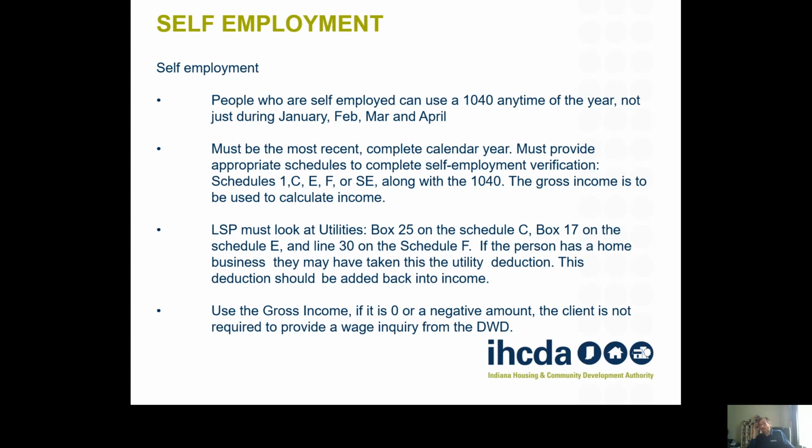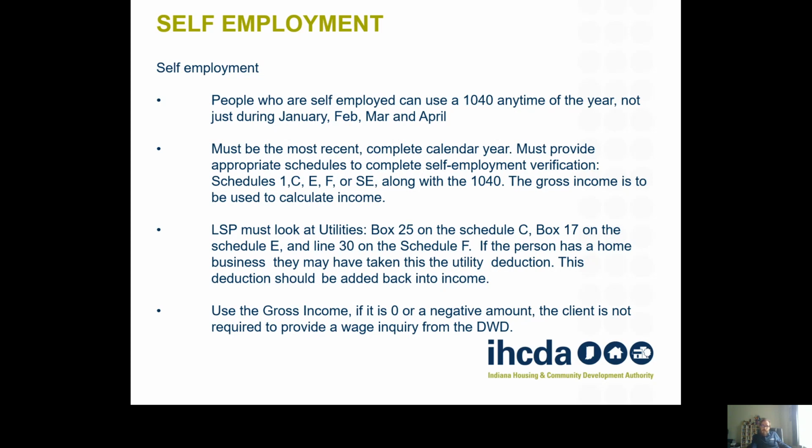They must also provide all the appropriate schedules to complete self-employment verification. That would generally include Schedule 1 and then either C, E, F, or SE, along with that 1040. And we're going to use the gross income to calculate the income.